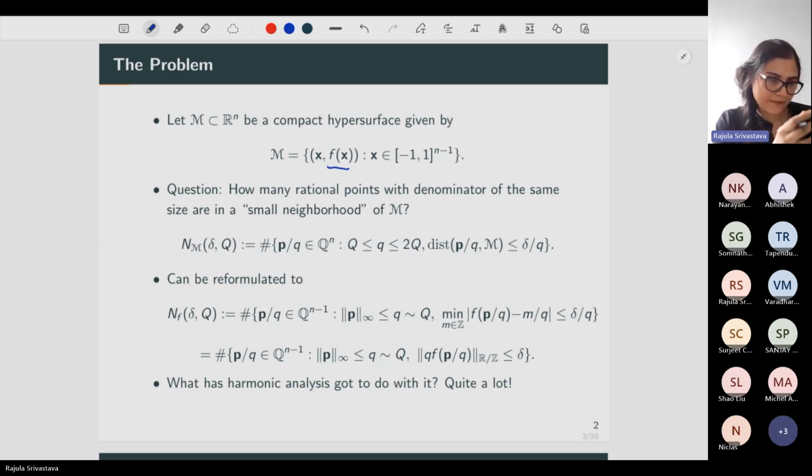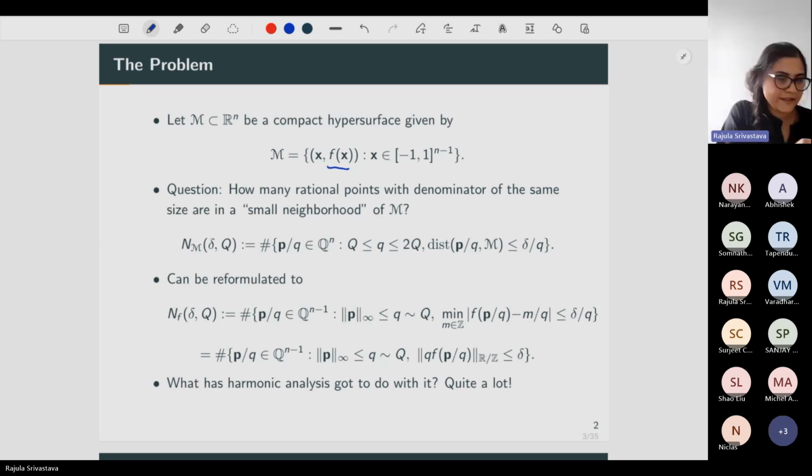Given this nice manifold, the hypersurface in R^n, how many rational points with denominator of a certain given dyadic size are present in a small neighborhood of this hypersurface? When I ask this question, there are things I need to quantify. I say rational points, which are fractions in R^n with the same denominator.